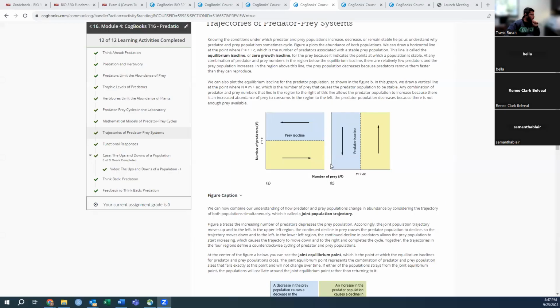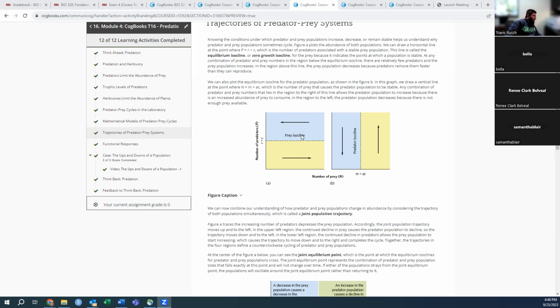So you're talking about these plots right here? Yes, and the one below it. Sure, so let's start at the top. What we have here is the number of predators on the y-axis and the number of prey on the x-axis. And we have two boxes and the arrows are going left to right in A, right? And on this dotted line, this is the prey isocline.